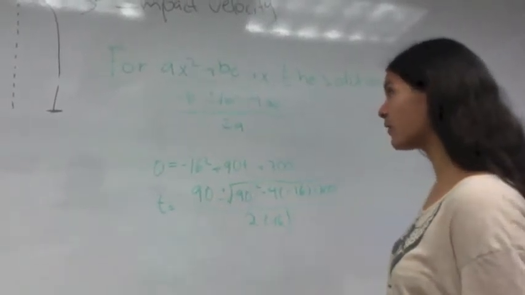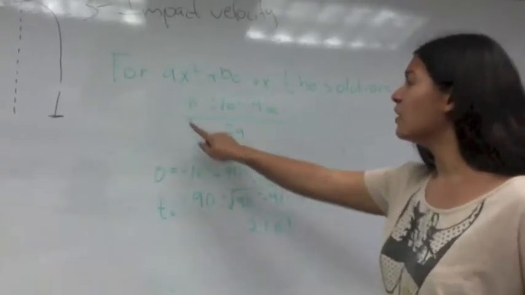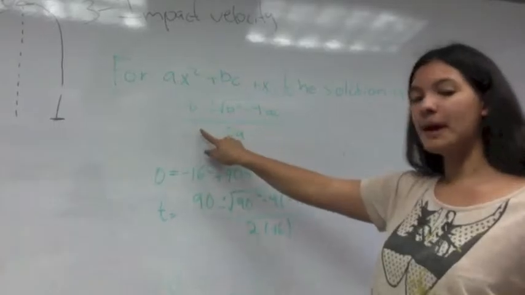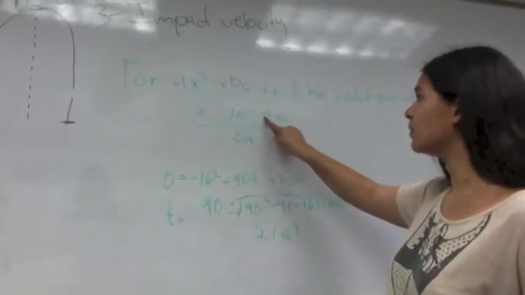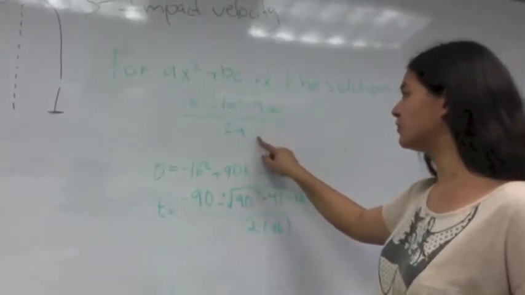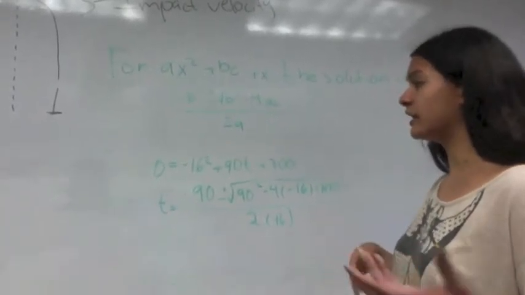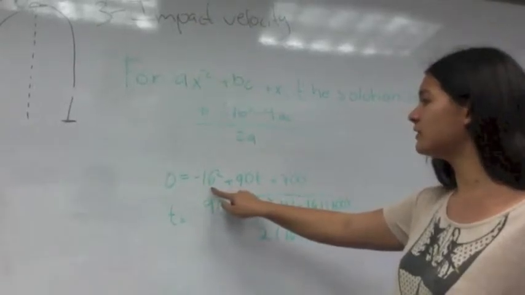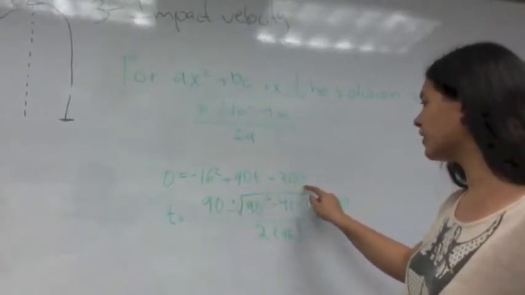Now we have to get the impact velocity, which is the velocity the helmet has when it hits the ground. For that we have to use the quadratic equation. For ax squared plus bx plus c, the solution is negative b plus or minus the square root of b squared minus 4ac, over 2a. For that, we use the position equation that we got in the first step, which is 0 equals negative 16t squared plus 90t plus 700.